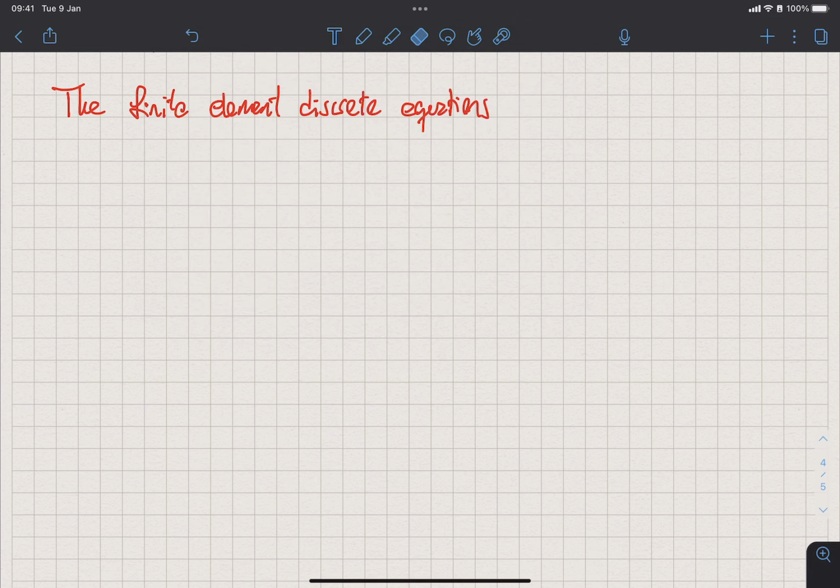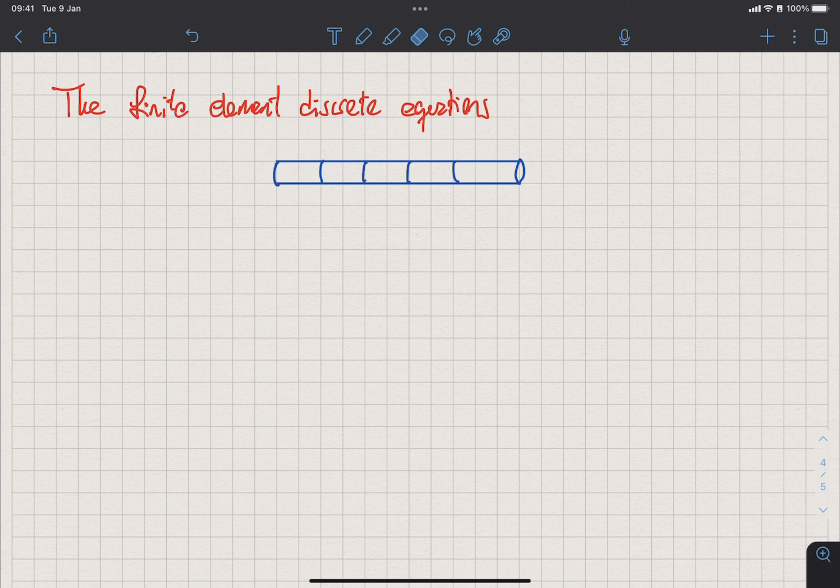So say we're going to have our bar, and now we're going to discretize this by segments. And what we're going to do now is we're going to try to use very simple functions to represent the behavior in each one of those elements.